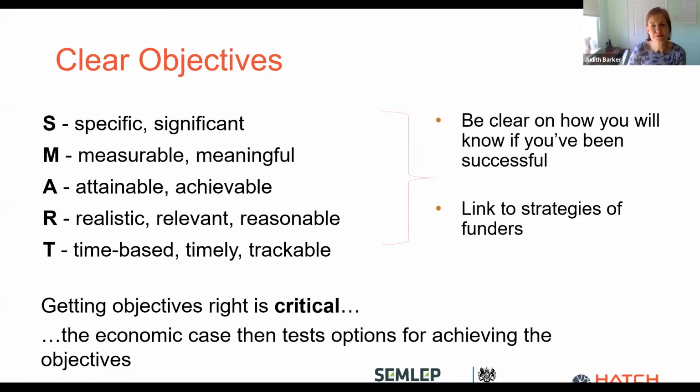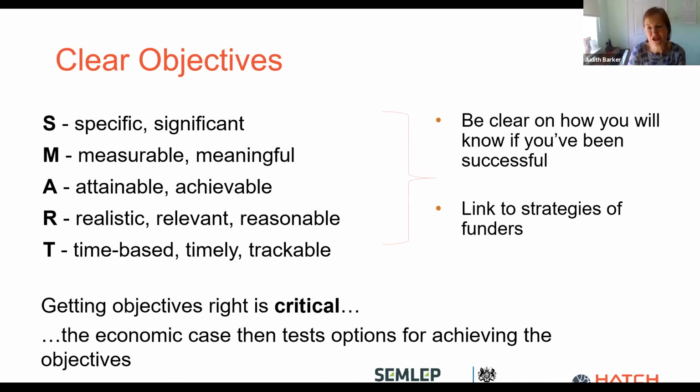So the first one I would draw out is the clarity of your objectives. Frankly, you would be amazed how many business cases I've read where the detail that's clearly gone into the whole thing is absolutely fantastic, but unfortunately, the clarity about what the project was itself at the beginning was possibly the weakest part of the whole bid.